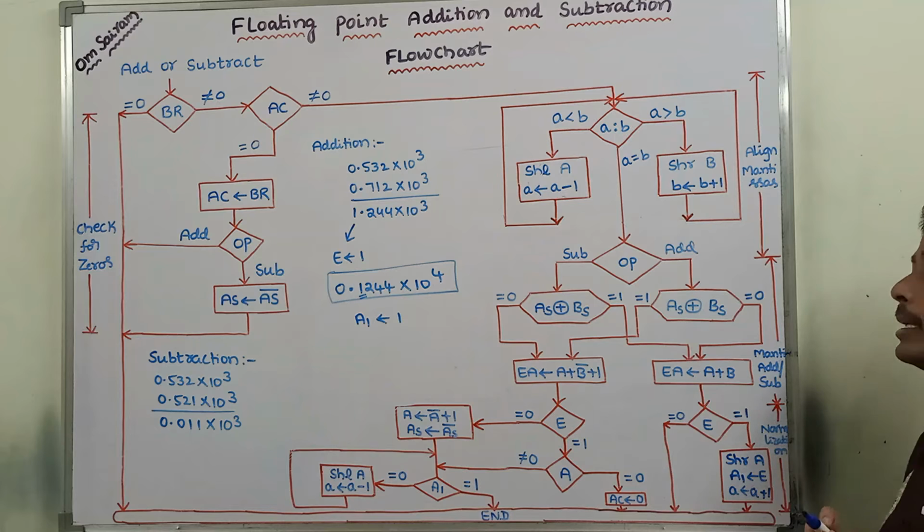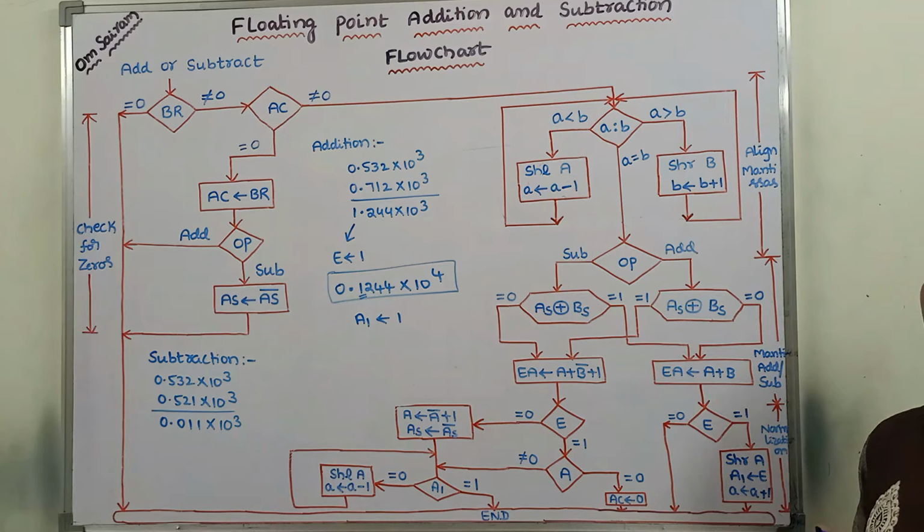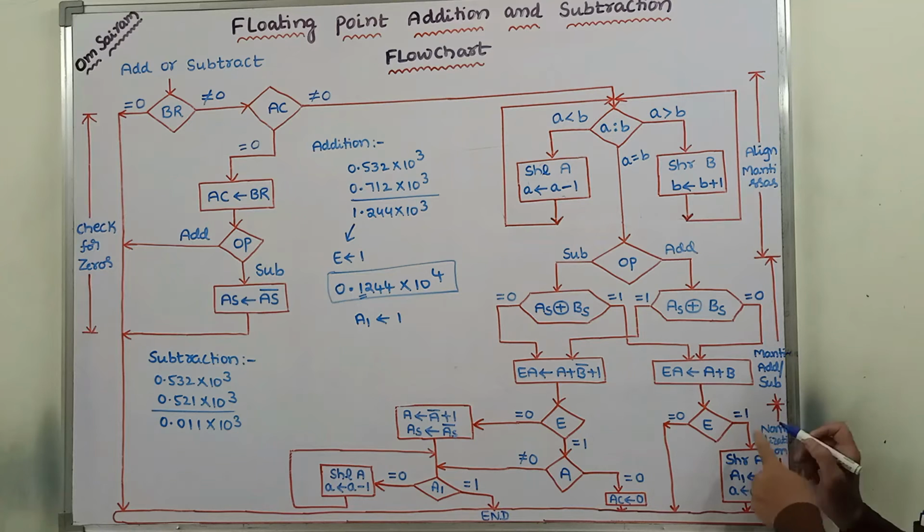For saying whether the result is normalized, we have to check the E value. If E value is 1, we can say that a carry bit is generated. Whenever a carry bit is generated, overflow has occurred, and we perform these three steps.